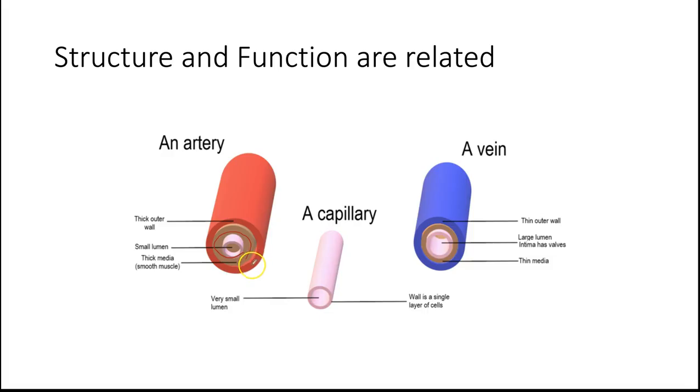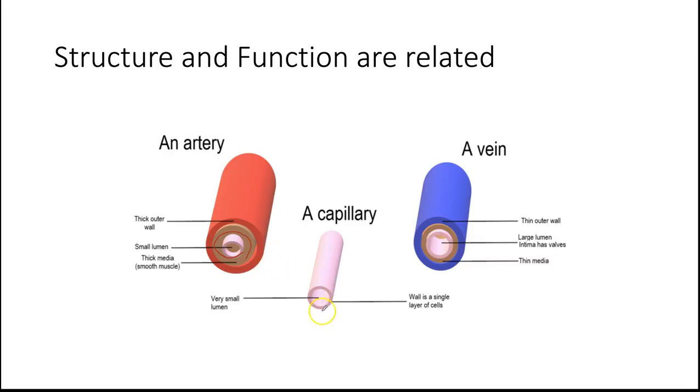And the reason that it needs that thicker layer of muscle is because the artery is closer to the heart than the capillary or the vein. So there's more blood pressure exerted on the artery. So that smooth muscle is there because of the blood pressure.